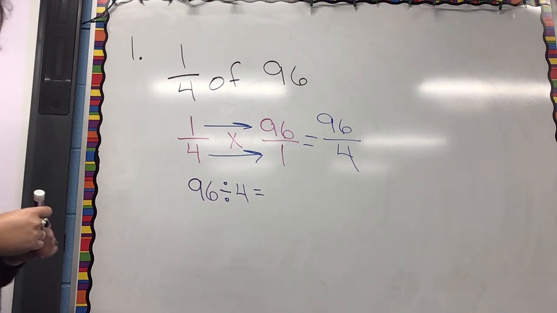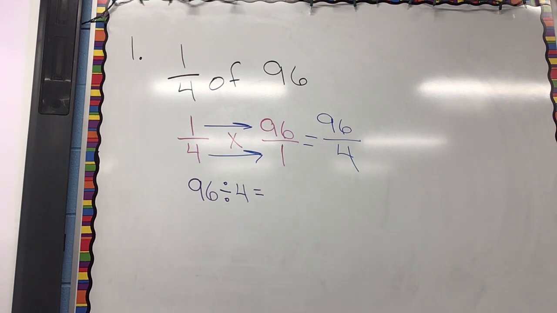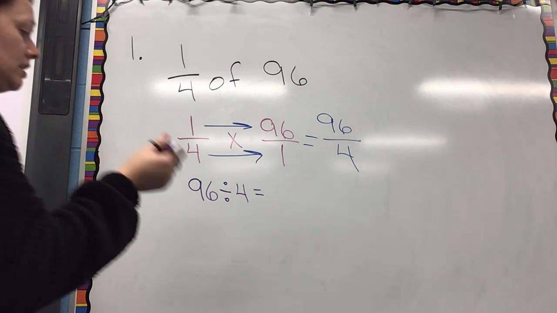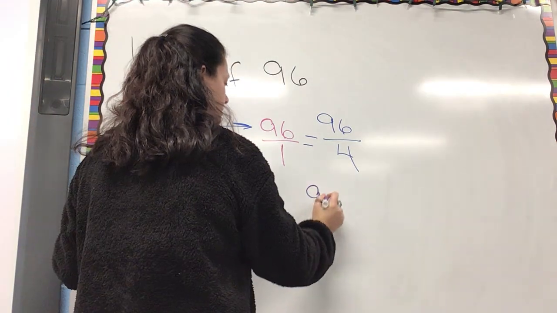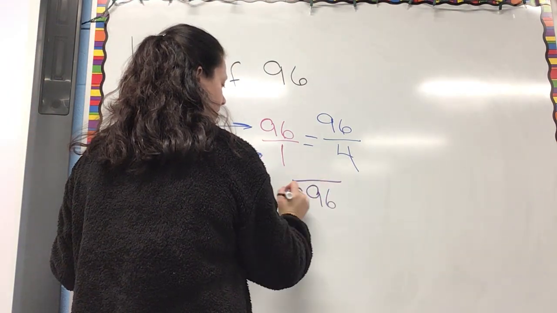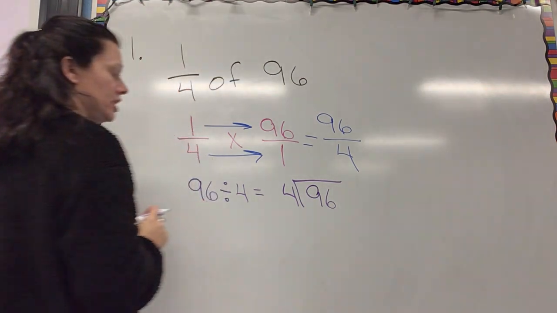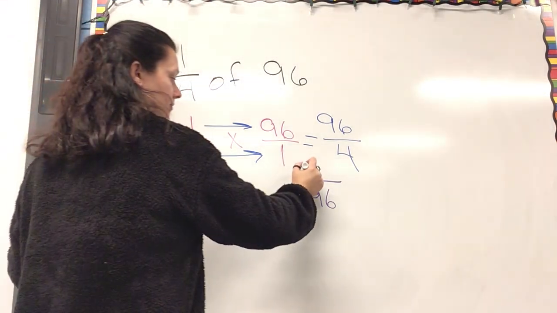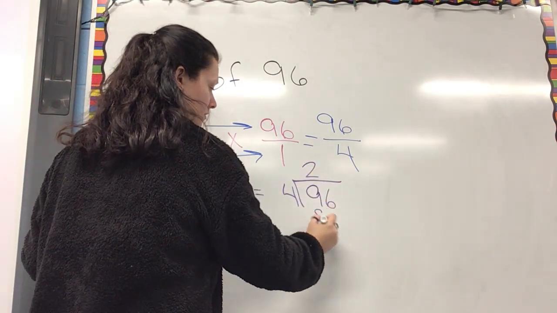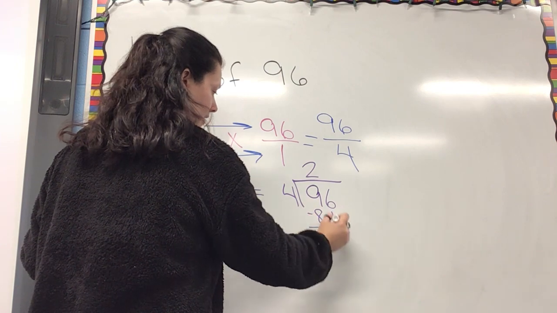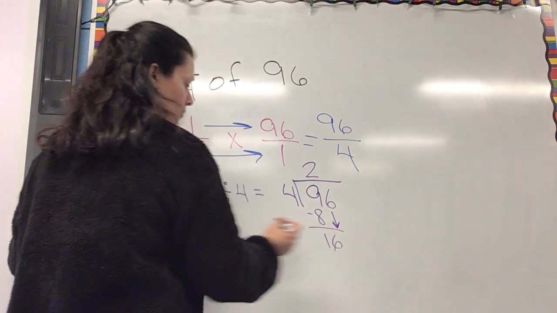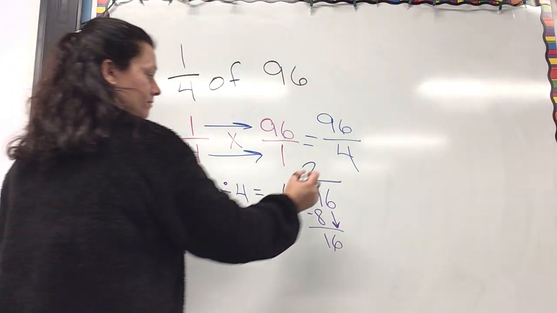All right, what is 96 divided by 4? Can you do that mentally? No, so maybe you guys need to write that out. 96 divided by 4, and you need to do the computation. What's 9 divided by 4? 2. Bring down your... What's 16 divided by 4? 4.